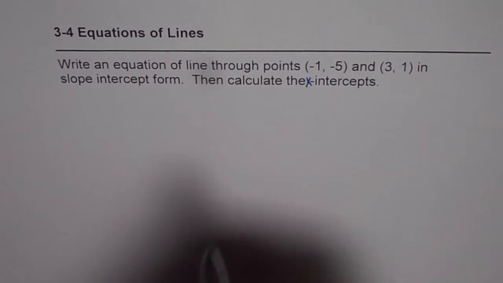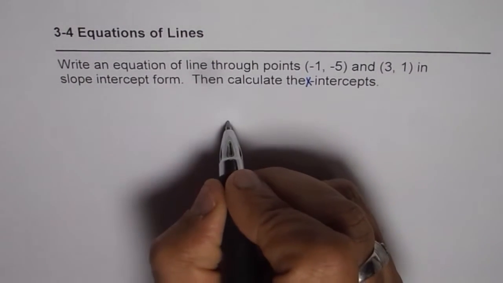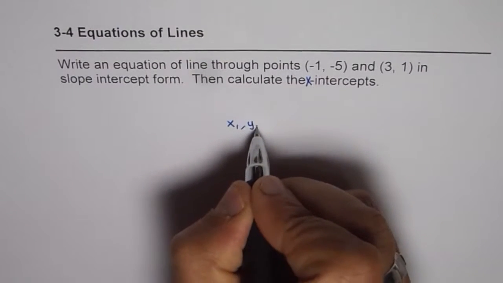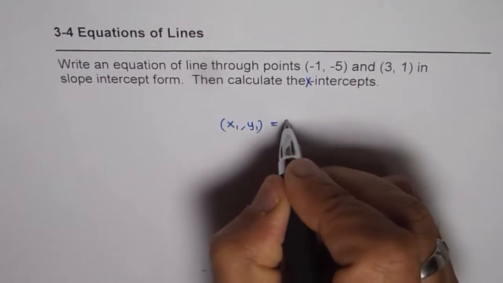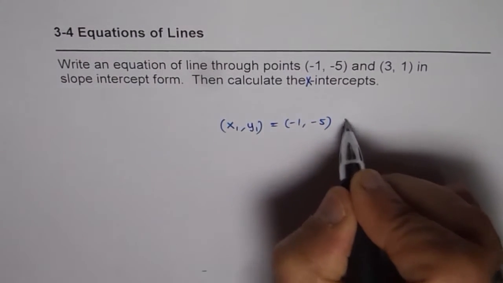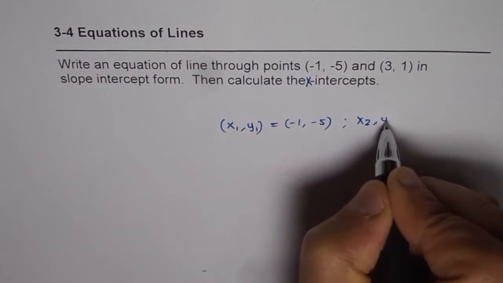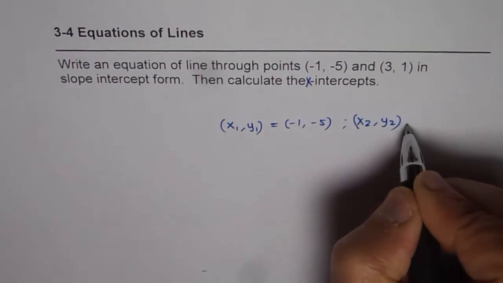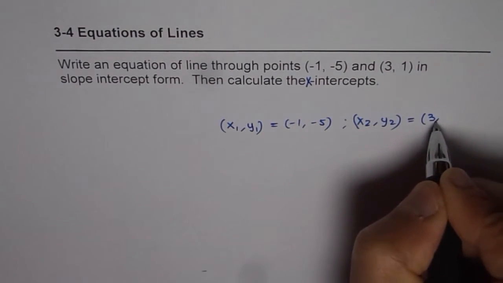So what we are given here is a set of 2 points, which are x1, y1 equals -1, -5, and we are also given x2, y2, which equals 3, 1.